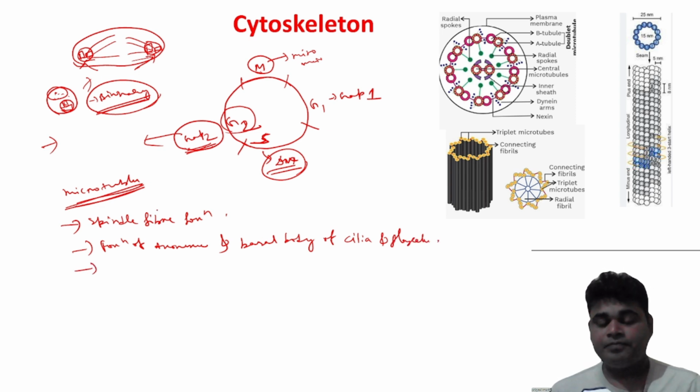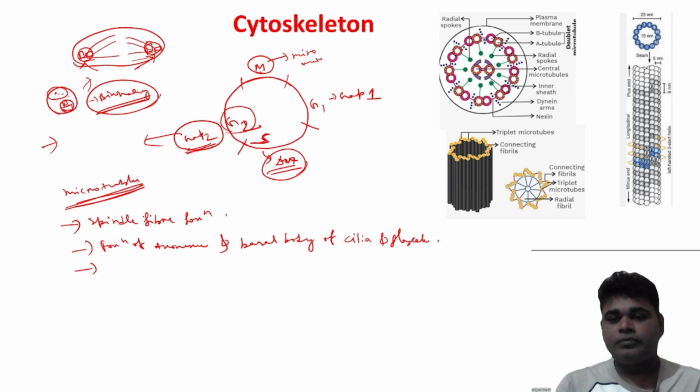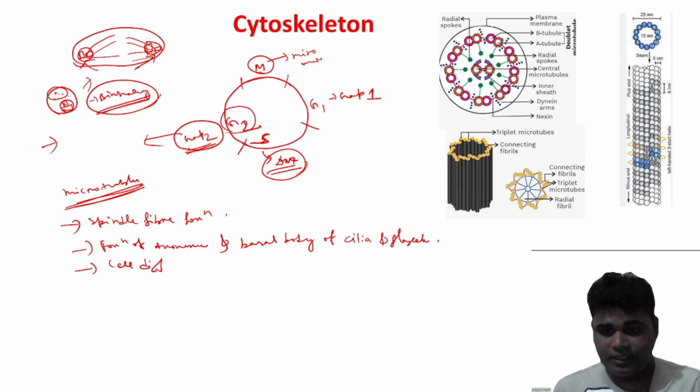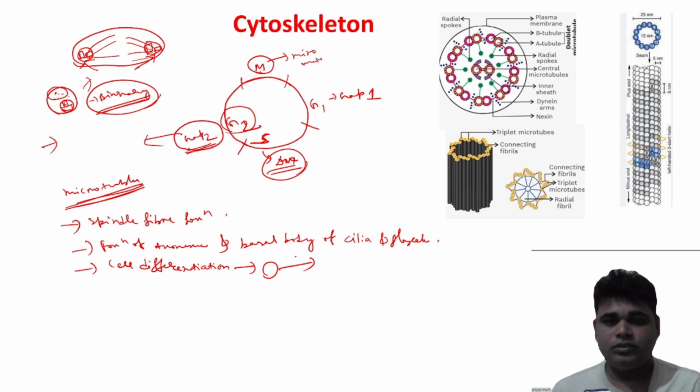Third one is that it also helps in the cell differentiation. So that means which cell should convert to which cell, and it is determined by the microtubule.